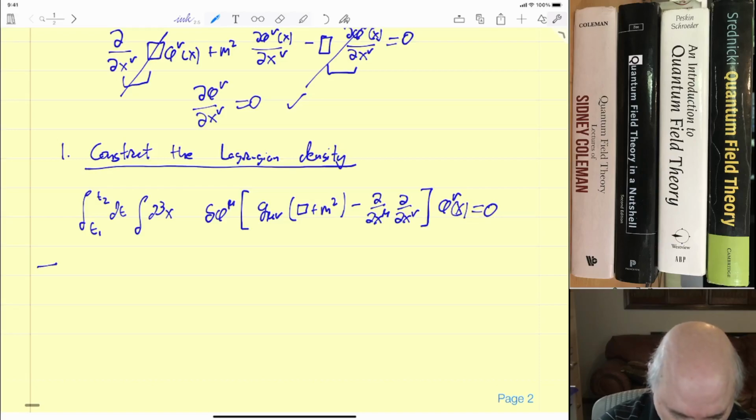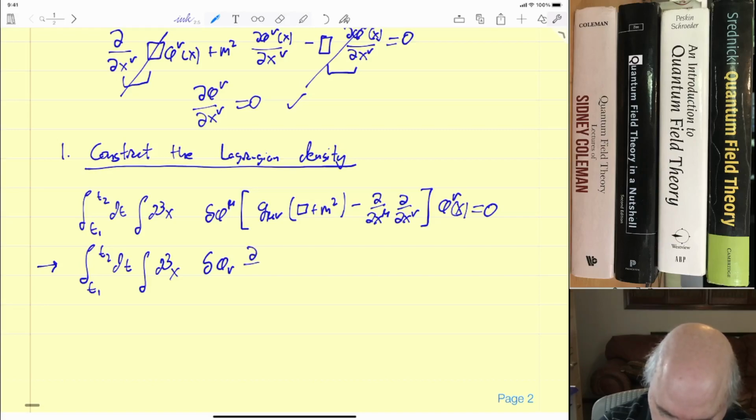Okay, and this will manipulate this. The g mu nu again is going to lower the mu index, so I'm going to get del phi nu. I'm going to expand out the box here.